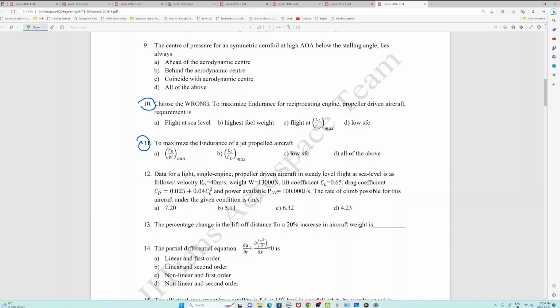Choose the wrong statement to maximize endurance of a reciprocating engine. Remember, guys, reciprocating engine and here jet propelled aircraft. So, both these I'll explain to you. So, requirement is to maximize the endurance of a jet propelled aircraft. So, which should be the correct option?